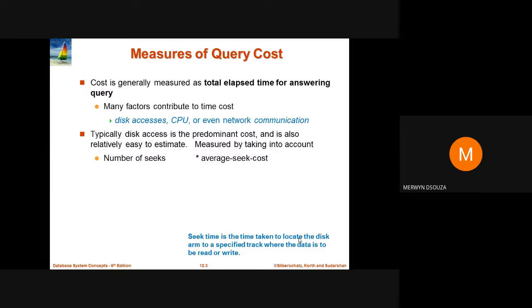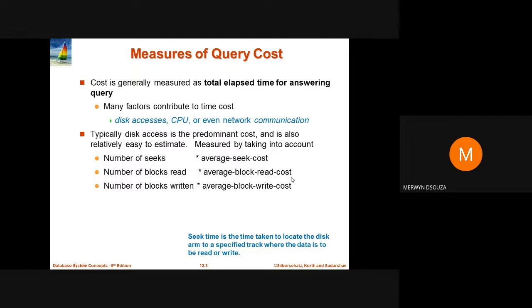So in terms of the number of seeks, the number of blocks read and the average block read cost, or the number of blocks written and the average time to write data to a block, we can measure the disk access cost.